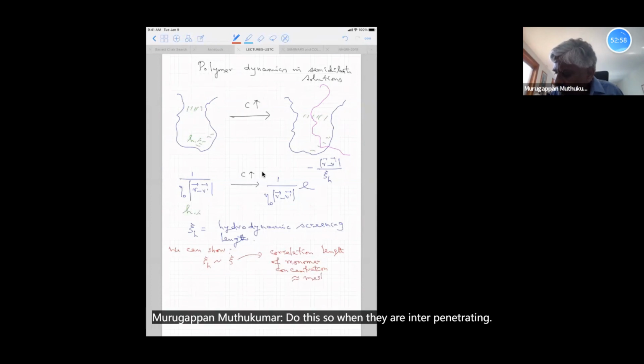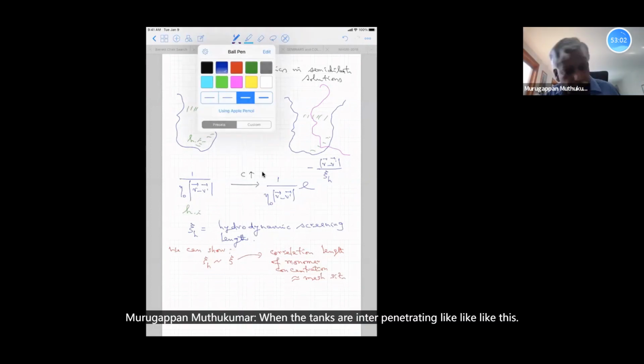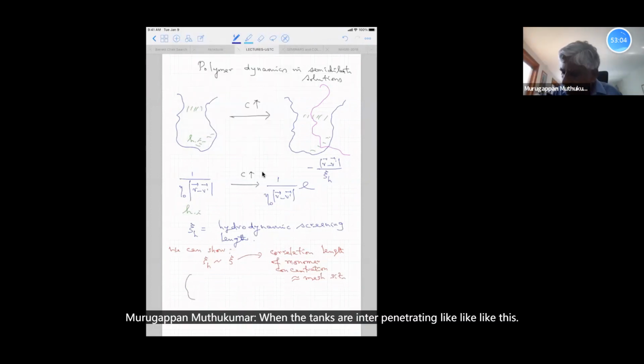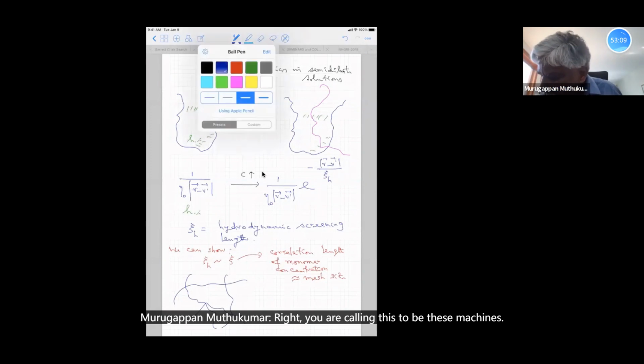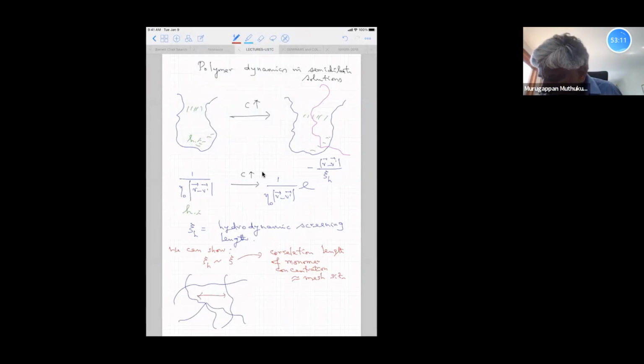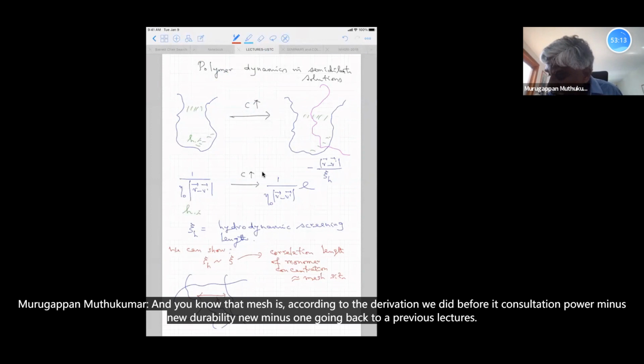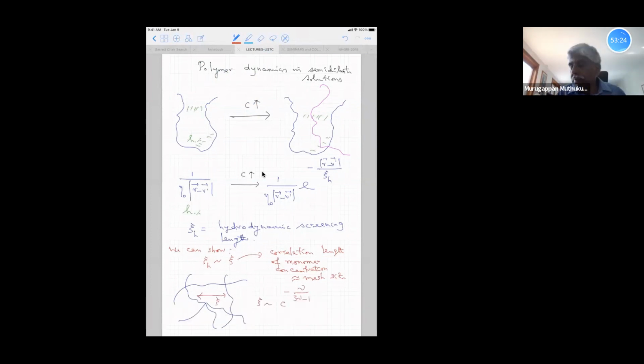Remember this? When the chains are interpenetrating like this, we were calling this the mesh size. And you know that mesh size, according to the derivation we did before, is concentration to the power minus nu divided by 3 nu minus 1, going back to previous lectures.